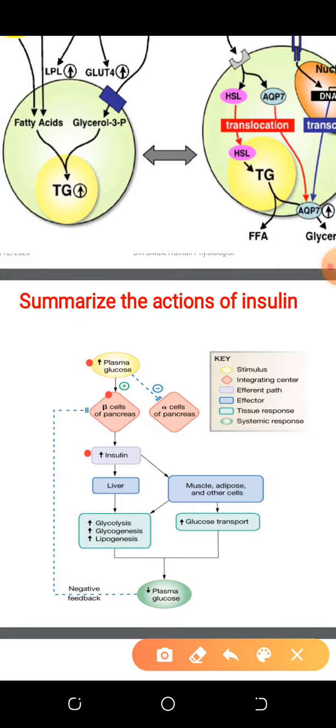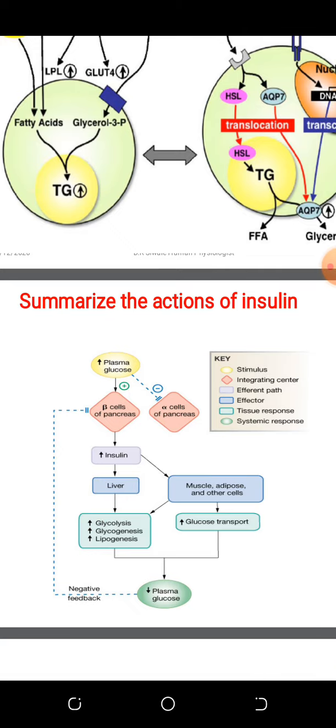This will result in exocytosis of insulin from the beta cell. So insulin will act on the liver, on muscle and adipose, and other cells. On the liver, it changes the biochemistry or metabolism of these important substrates.